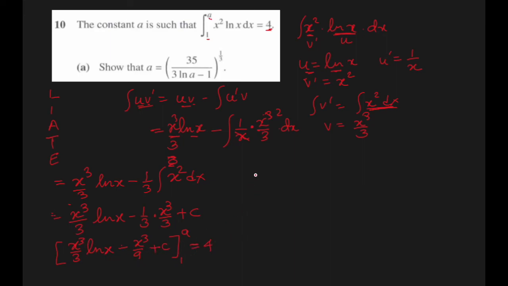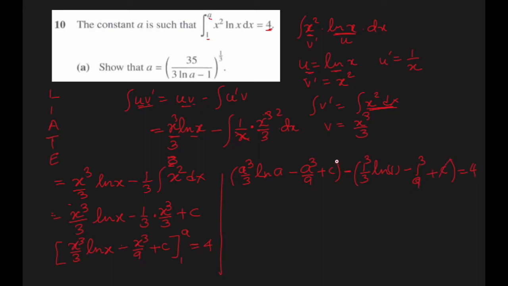So now we'll substitute a and 1. So let me substitute a first. A cube over 3 ln a minus a cube over 9 plus c, minus, I'll substitute 1, so 1 cube over 3 ln 1 minus 1 cube over 9 plus c equal to 4.